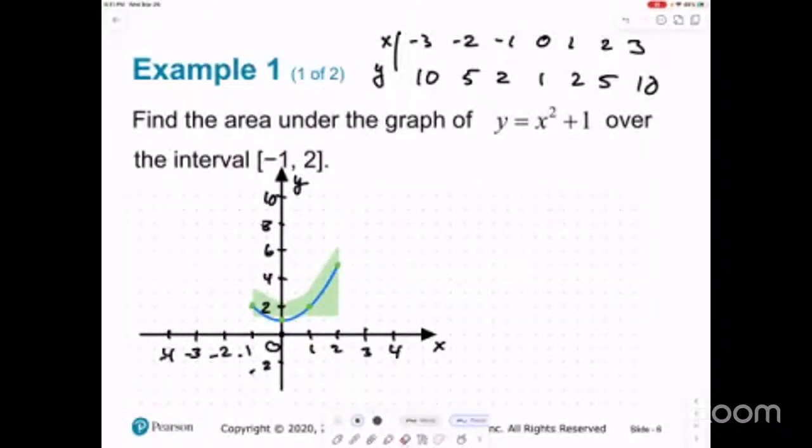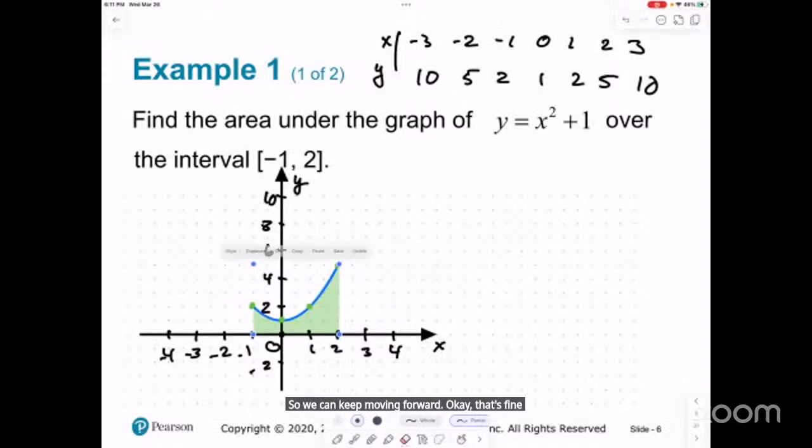Okay. Sorry, I'm just being a little bit OCD. Okay, that'll do for us so we can keep moving forward. It's not the best, it's not the worst, so we'll get the job done.